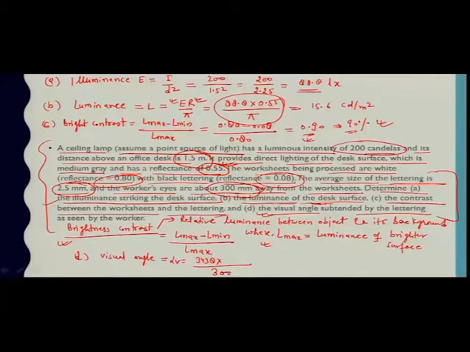So 3438 into 2.5 upon 300 comes out as 28.7 arc minutes.